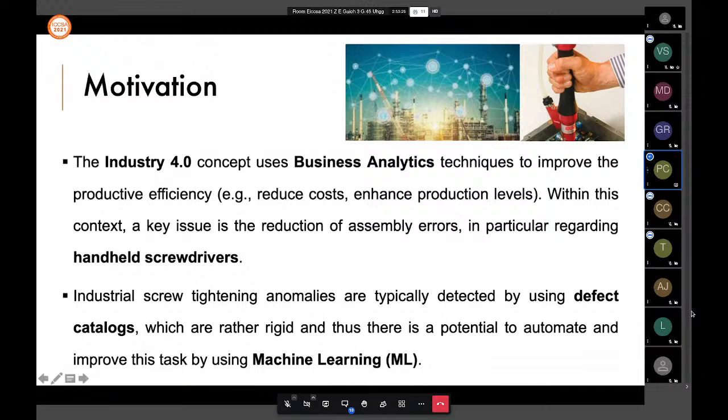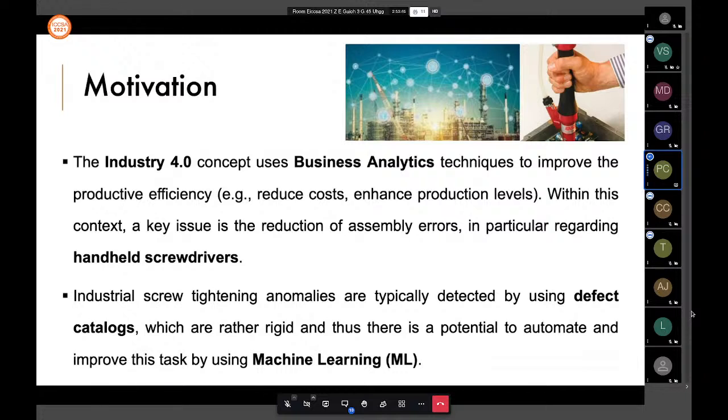There are huge opportunities in this area. There are many things that can be done, but this work in particular works with handheld screwdrivers, which are often used in the Bosch company because it's an electronics assembly company.